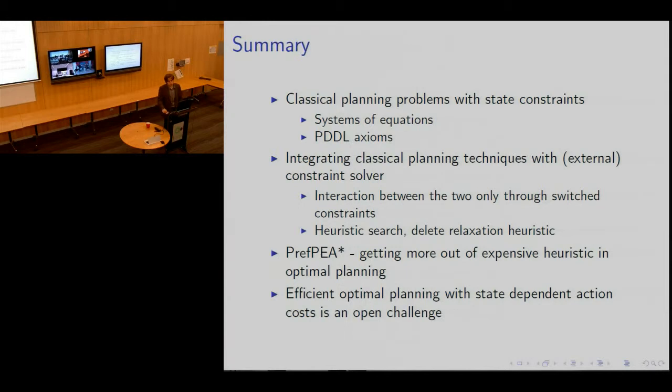In order to approach this class of problems, we are integrating techniques that have been useful in classical planning with an external constraint solver. We are basically using the methods that are good for classical planning, like heuristic search. We've extended the delete relaxation.